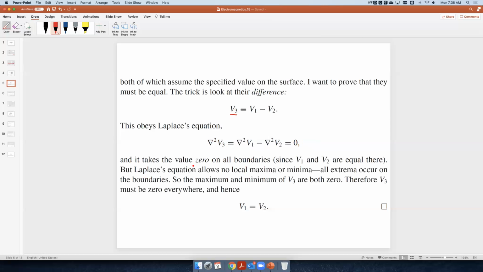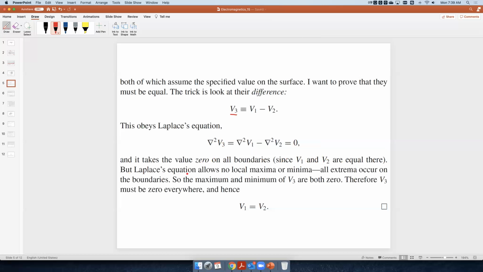And it takes the value 0 on all boundaries, since V1 and V2 are equal there. Because at the boundary, V1 and V2 share the same boundary values, V3 at the boundary is 0.